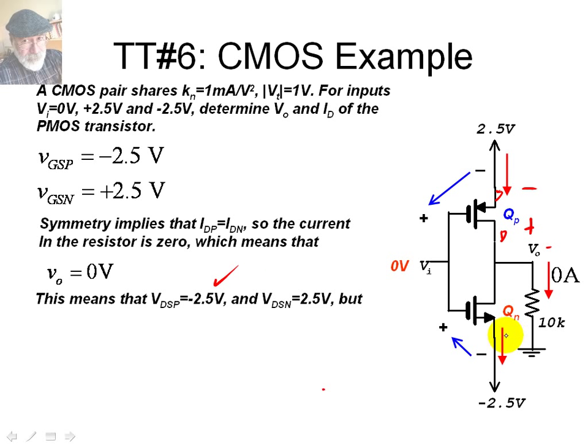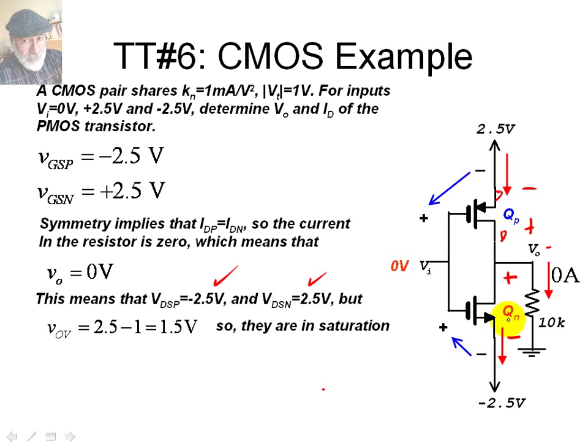And for the one on the bottom, this is a drain, and this is the source, and that voltage is 0 minus 2.5, VDSN is plus 2.5. But the overdrive voltage will be 2.5 minus VT, minus 1 volt that is given, that is 1.5 volts, which tells us that both of those transistors are in saturation.